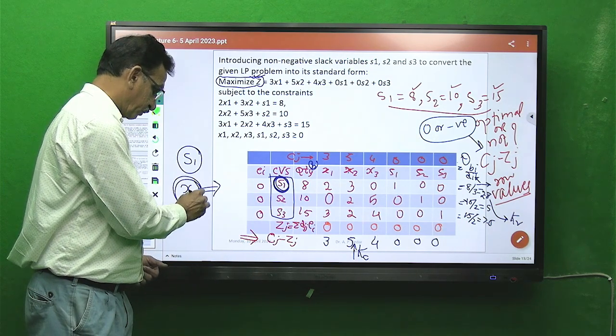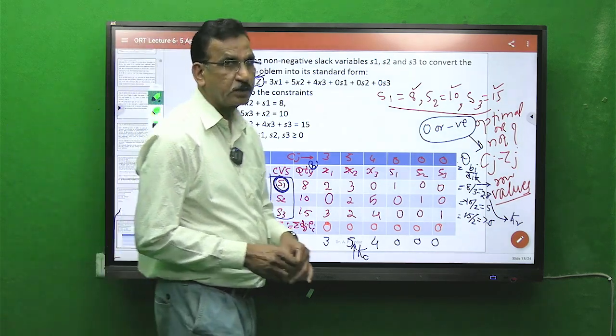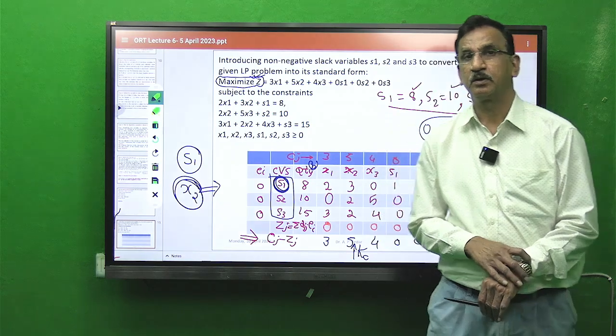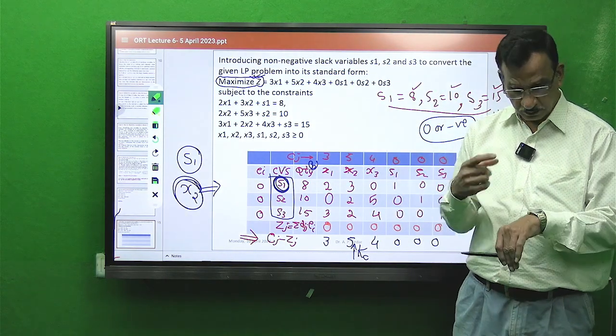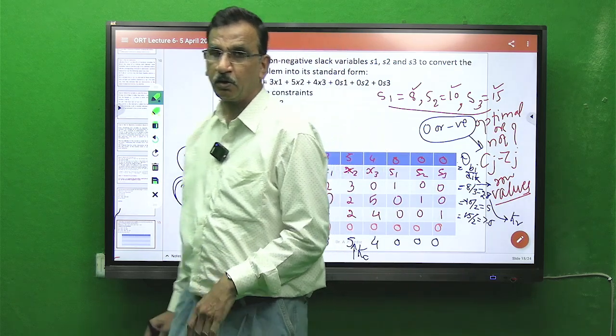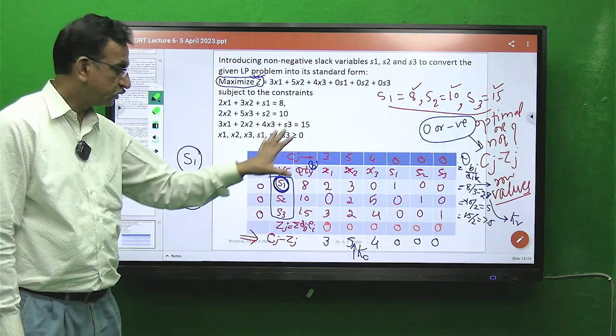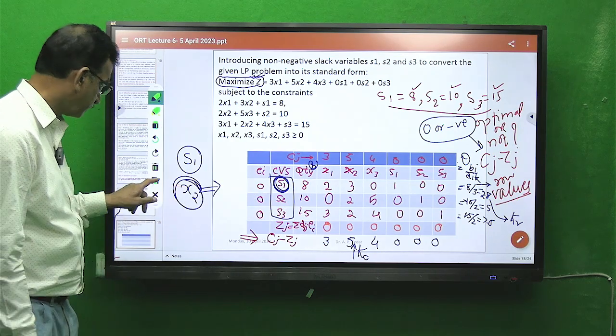This is very important. In the next table, this S1 will be replaced by X2, and we'll continue with this process till we get the optimal solution. I think it is clear. So now we'll move ahead. This is all basic. Let's move ahead.